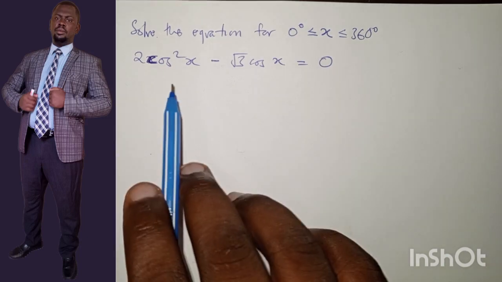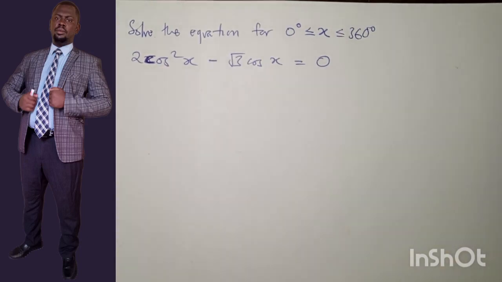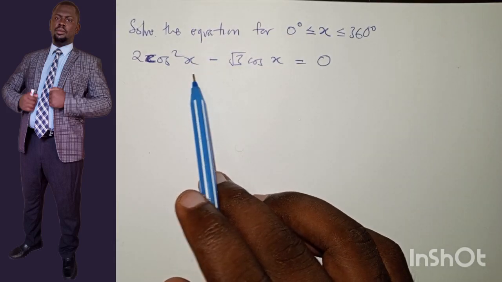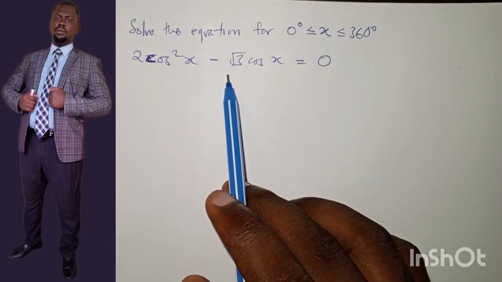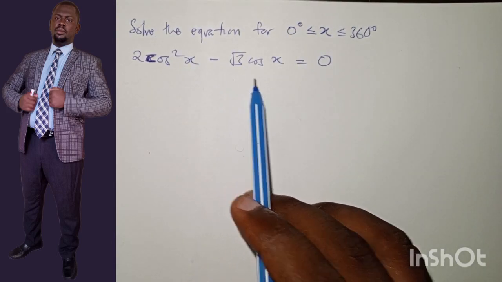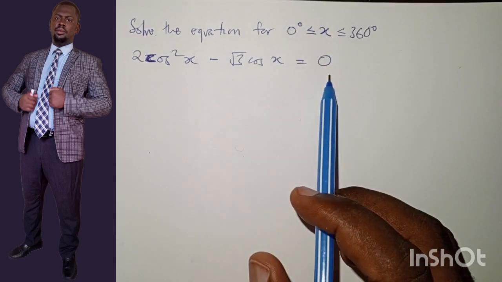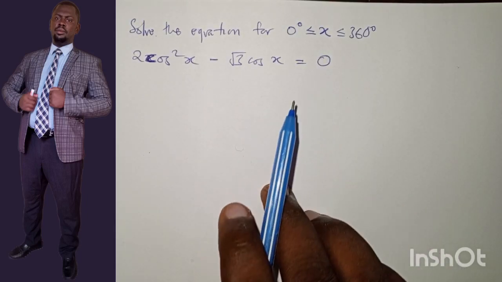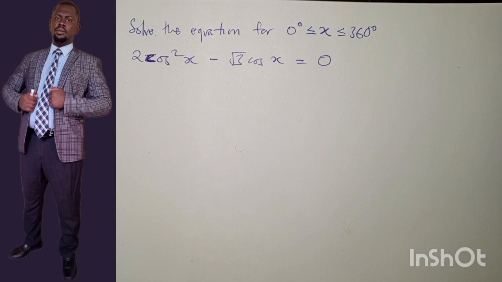So here is our equation: 2 cos squared x minus square root of 3 cos x is equal to 0. Okay. So for us to answer this correctly, we're supposed to have just one variable.